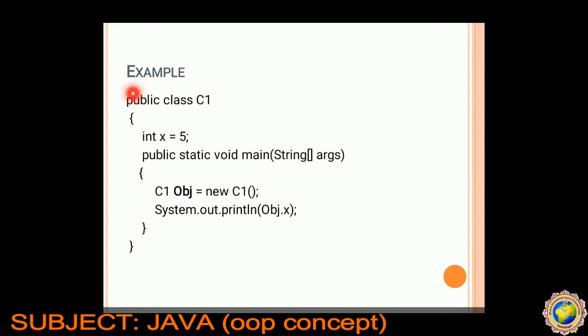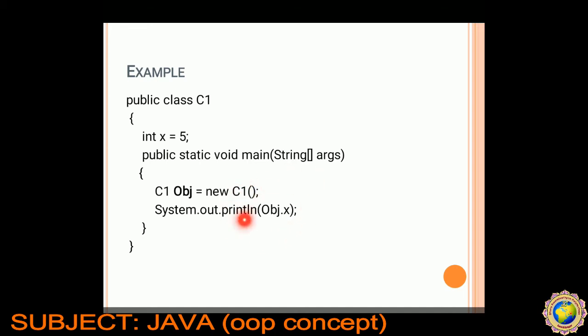Let's see the example. public class C1, x equal to 5. public static void main(String[] args), C1 obj. obj is nothing but the object name, right? Equal to new C1. This is the syntax for creating an object. First you take the class name, then the object name equal to new, then the class name. System.out.println(obj.x).